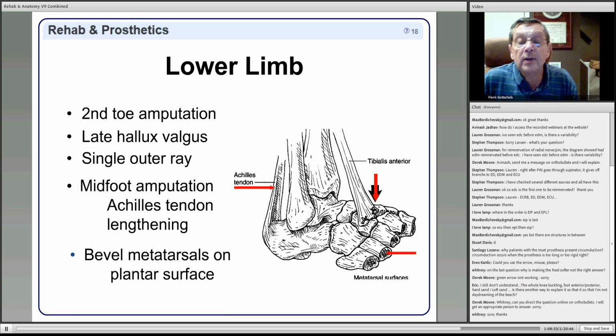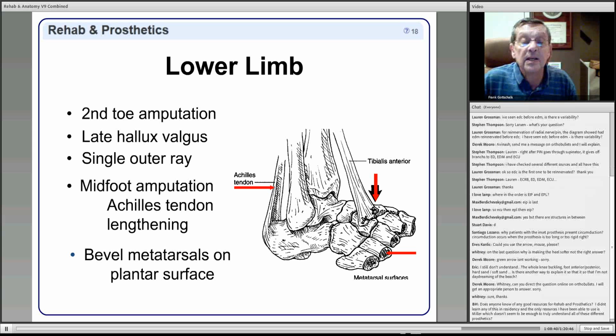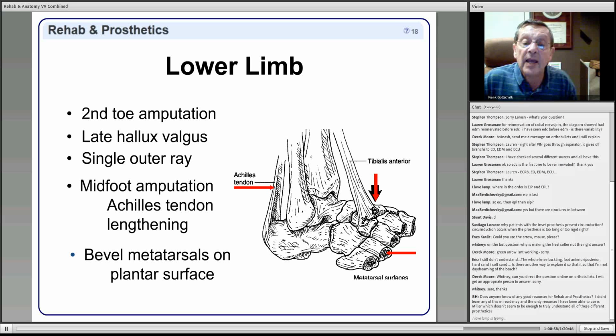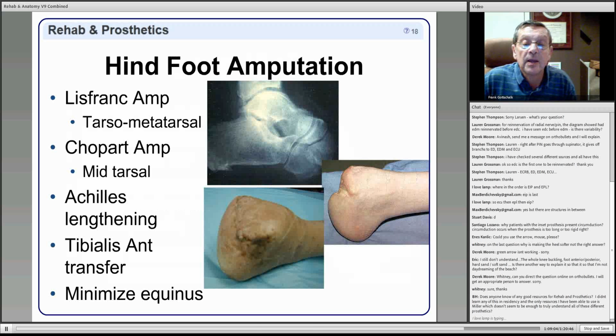Now, if we look at midfoot amputations, the key to all of these procedures is Achilles tendon lengthening, and if necessary, a tibialis tendon transfer either to the cuneiforms or to the navicular or even the neck of the talus, depending on whether it's a Lisfranc amputation or a Chopart amputation, because for transmetatarsals, one does not necessarily have to transfer the tibialis anterior.